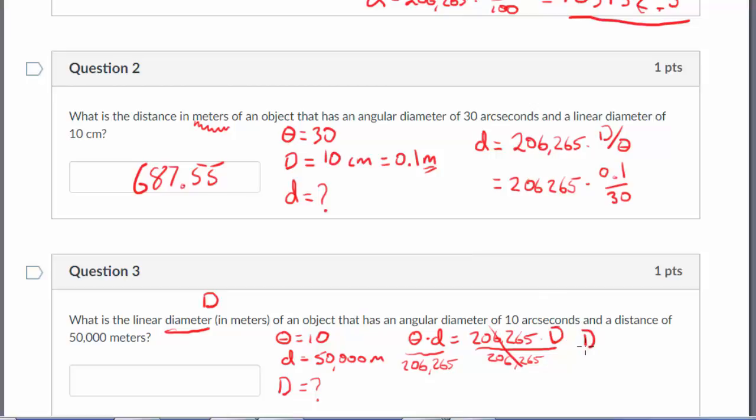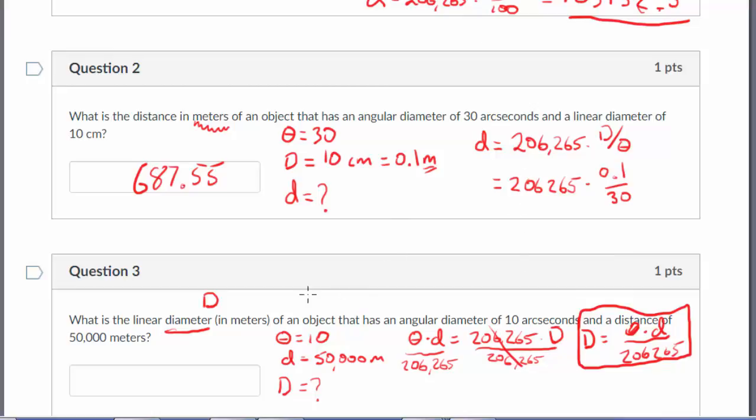So diameter equals theta times distance divided by 206,265. So this is the third version of the equation. Right? I've got 3 variations on the exact same equation. Each one is arranged to solve for the variable I care about.